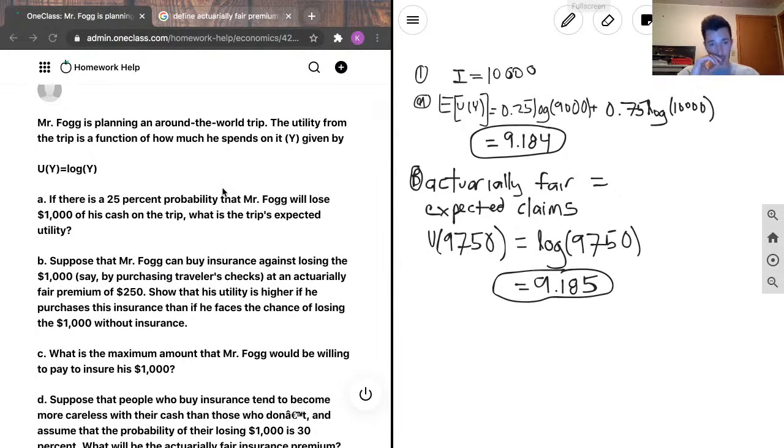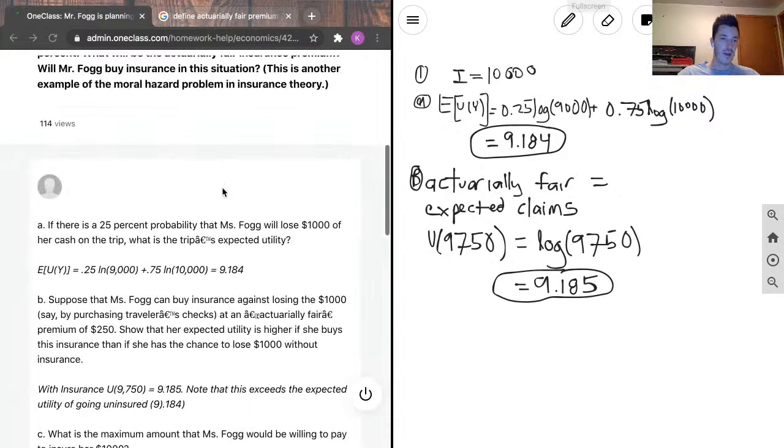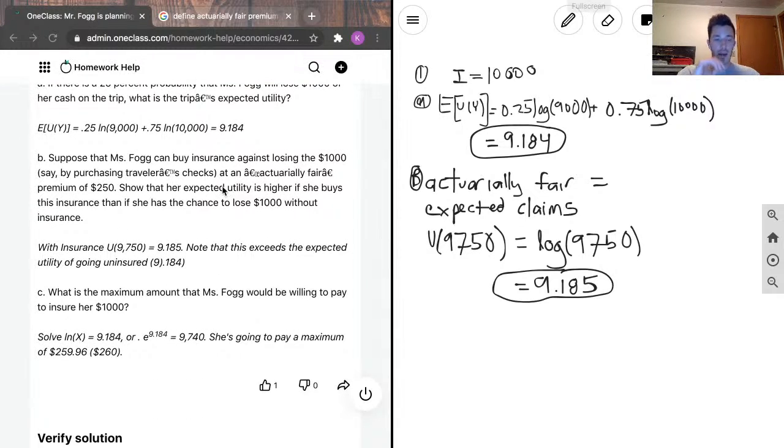Question C, what is the maximum amount that Mr. Fogg will be willing to pay to insure his $1,000? So our junior tutor has said solve ln x equals 9.184, or e to the power of 9.184 equals 9,740. So a maximum of 259.96 or $260.